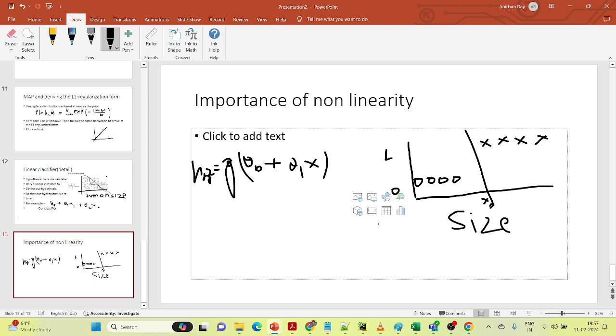The problem is that the most popular optimization algorithm here is gradient descent, and for gradient descent you need to take differentiation, but here this differentiation is not possible. So what we do is we take a non-linear function g, which is called the sigmoid function.